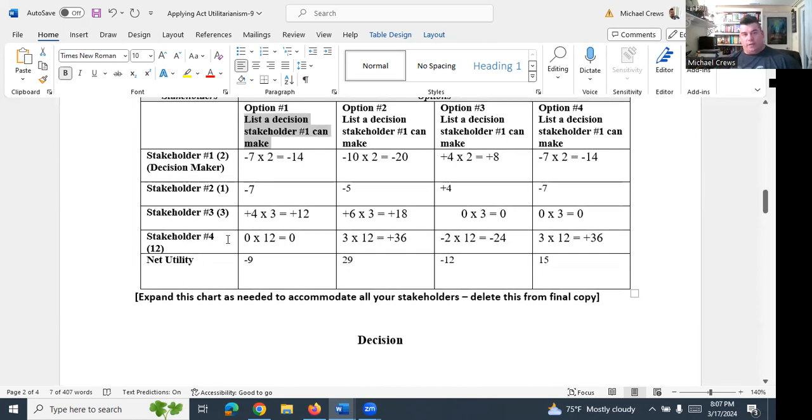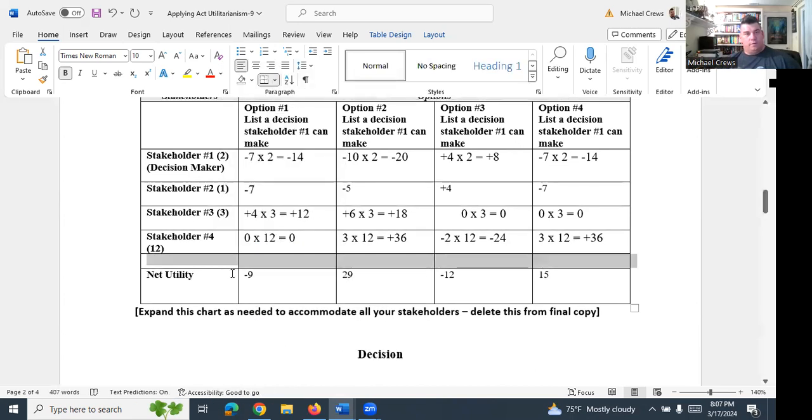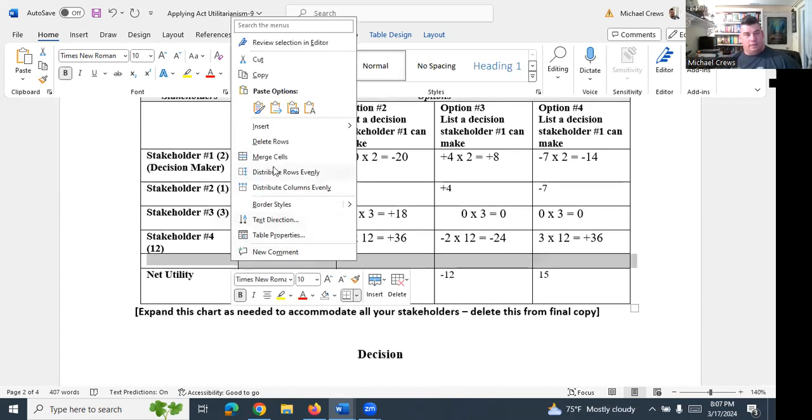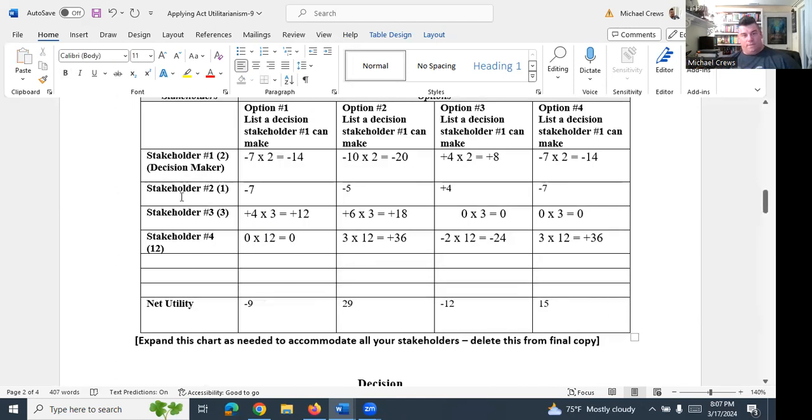If I've got more stakeholders, which I know you will, you go in here and you right click, just like we did. Insert, rows below, right click, insert, rows below, right click, insert, rows below, till you have enough. Keep filling it in. Notice I'm doing it between stakeholder 4 and net utility, because I want the net utility to be last.